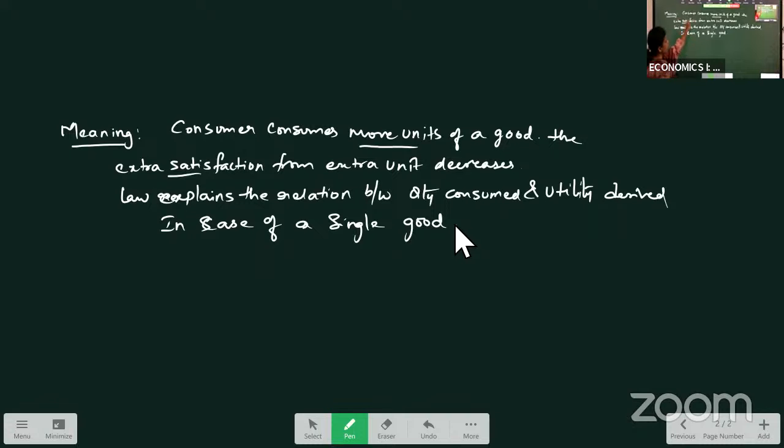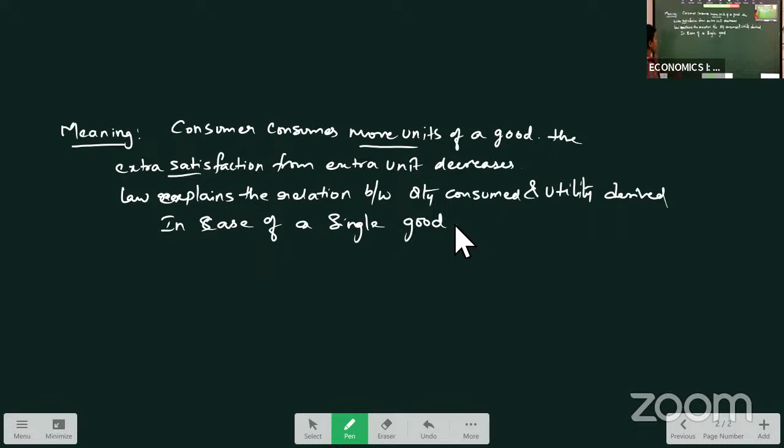When a consumer consumes more units of a commodity, the extra satisfaction from the extra unit decreases. This law explains the relation between quantity consumed and utility derived, and it is explained in the case of a single good. This completes your meaning. Writing the answer in this simplified way, you can score full marks.